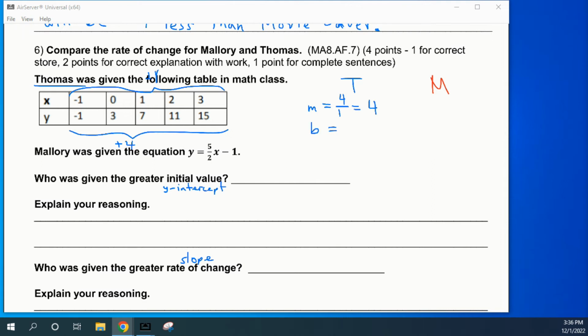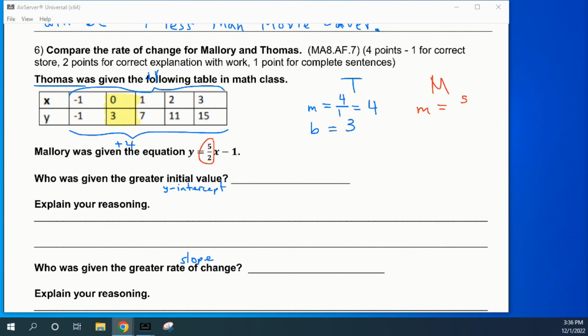His y-intercept, you could plug that into the slope-intercept form equation. I'm not going to because I see that my x here is 0. And anytime x is 0, the y coordinate is going to be your y-intercept. So his y-intercept is 3. Okay? Mallory's is really easy because her equation is in slope-intercept form.